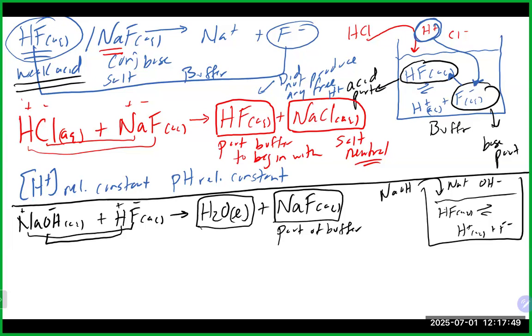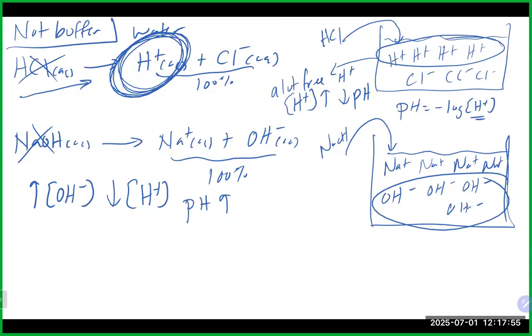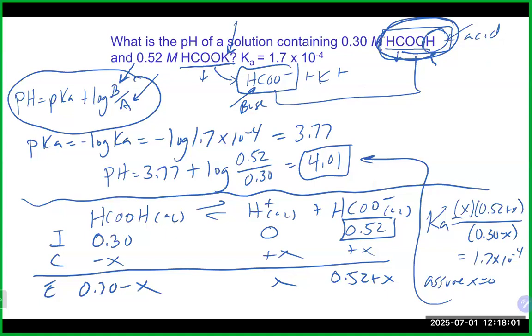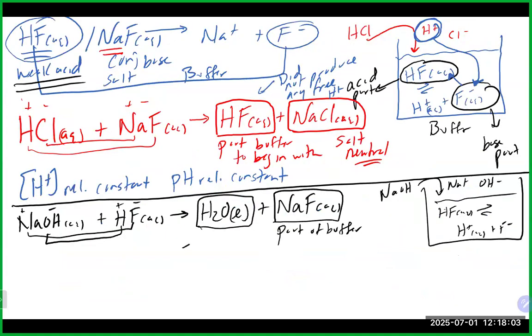And again, it is really what we do not see here that we saw with our base and water addition. When we added our base to water, we made a bunch of free OH minuses. And when we look at our buffer, no free OH minuses were made.